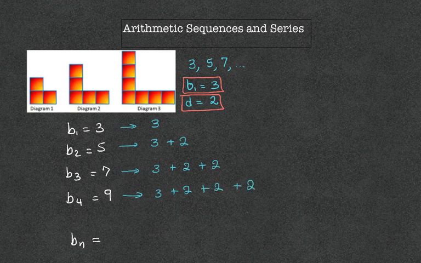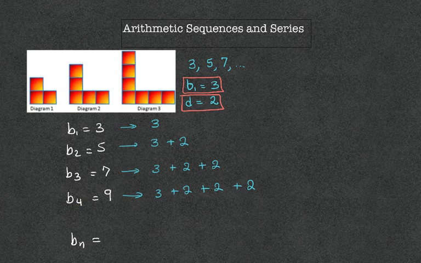So I can notice that the number of the term, for example, B2 is represented by n equals 2, is one more than the number of 2's I am adding in the term. For example, look at B3, I'm adding 2 2's. In B4, I am adding 3 2's. Always one less than the counter of the term.